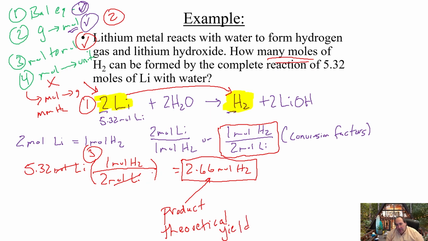A yield is a product, and the theoretical yield is pretty much the maximum amount of product that you can make based on the equation. This would be the theoretical yield in moles. If we did do that conversion to grams, we could figure out the theoretical yield there in grams. So hopefully you can see a little pattern here. Just follow those 4 steps.